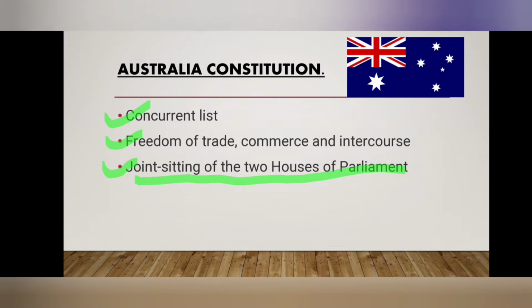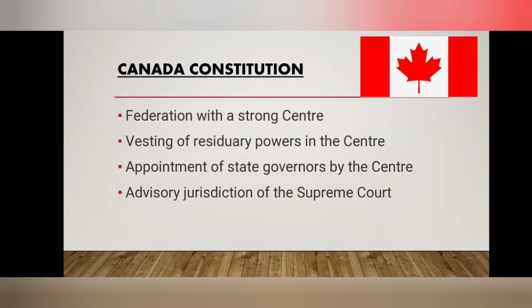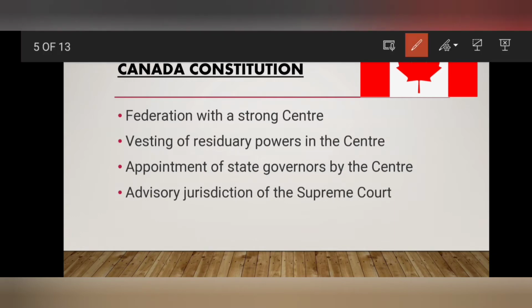Coming to the second country's constitution, the Canadian constitution. Under the Canadian constitution, federation with a strong center has been taken. Vesting of residuary power in the center has been taken from the Canadian constitution.